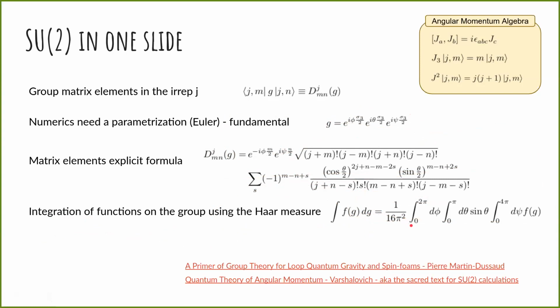But the thing that I want to stress for the students is that, given a parameterization of the group elements, it has a very specific form. I will refer to these two texts. One is a very beautiful review paper by Pierre, where he summarized a lot of these things. And the other one is the Varshalovich, which is literally the sacred text for SU(2) computations.